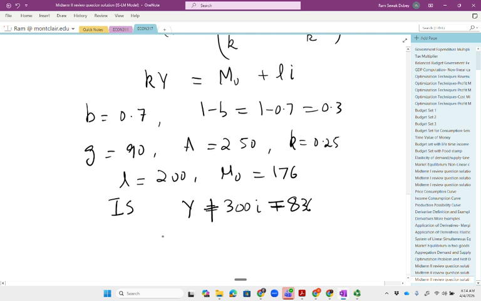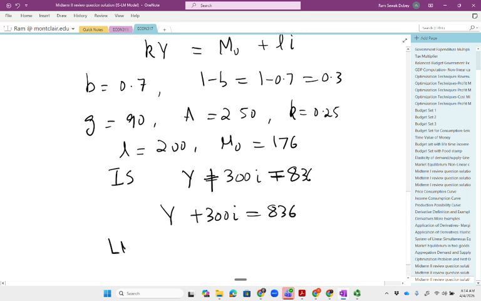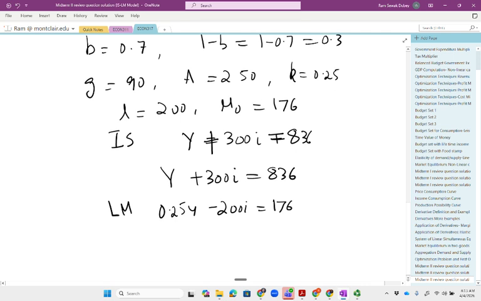Now let me rewrite it: y plus 300i equal to 836. That's our IS equation. The LM equation is written as 0.25y minus 200i equal to 176. And now we have to solve these two equations to find the equilibrium values of y and i.